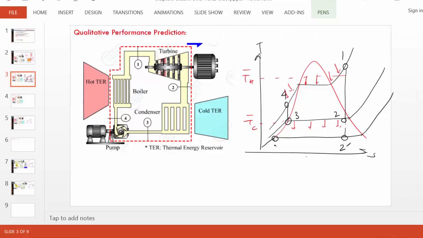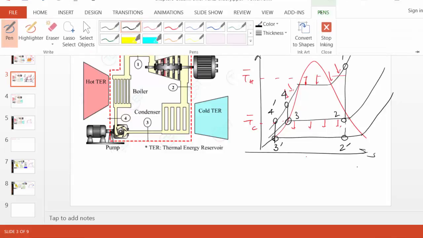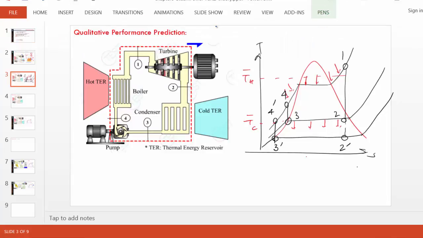So it exits as a saturated liquid at state 3 prime, and then the pump will raise the pressure back to 4 prime. So this will be the new cycle. Suppose we use the color blue for this. The heat addition takes place from here onwards to the same point, and heat rejection takes place here.